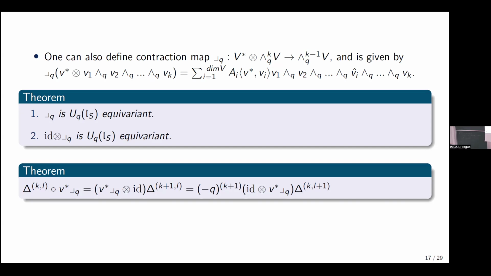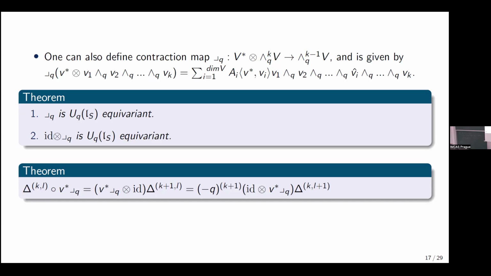And the second theorem tells you about the UQL equivariance of this contraction map. So this is the second result. It tells you about the relation between this wedge coproduct and the contraction map.